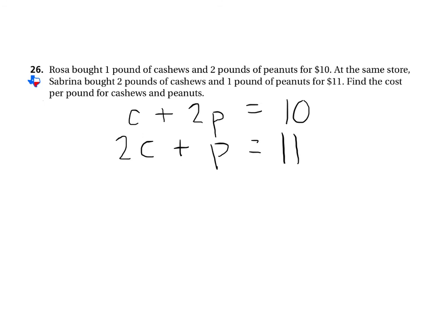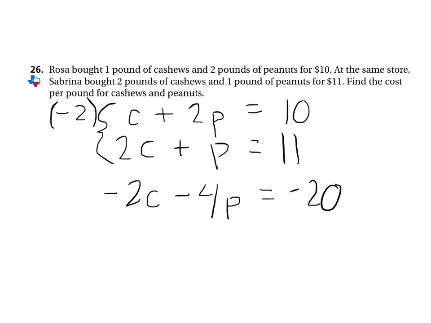So multiply the first equation by -2, which gives you -2c minus 4p equals -20. Then you could rewrite the second equation, which gives you 2c plus p equals 11.